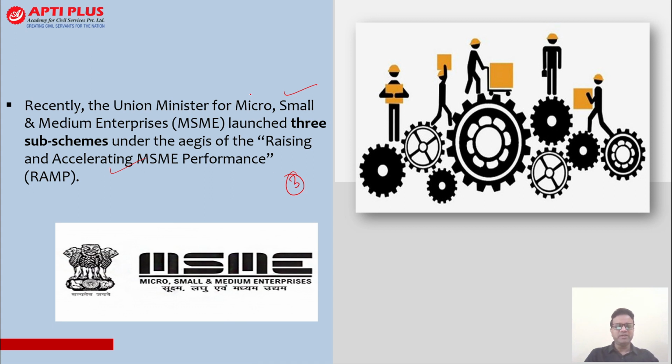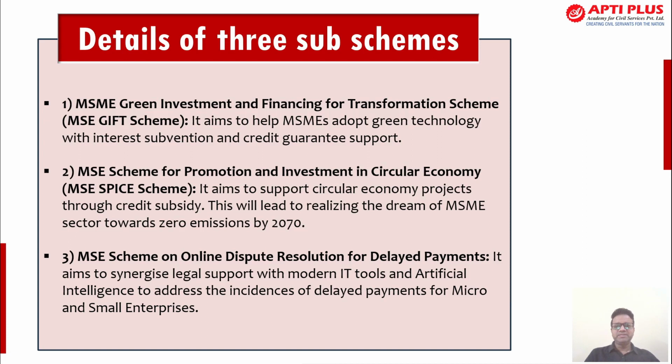The first important scheme is the MSME Green Investment and Financing for Transformation Scheme. Second is the MSME Scheme for Promotion, Investment and Circular Economy, known as the MSME SPICE scheme. Then we have the third, MSME Online Dispute Resolution and Delayed Payment.